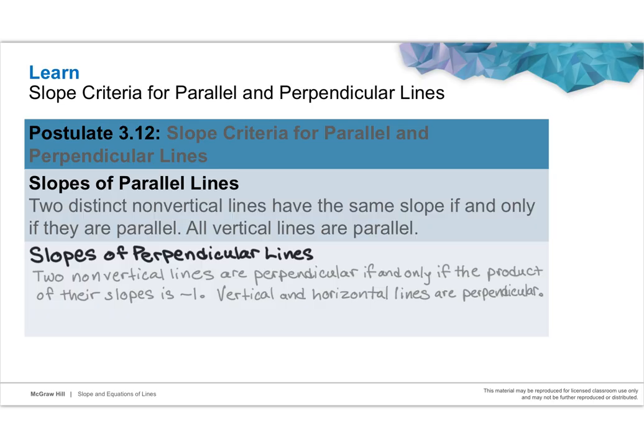Another thing you may want to add to your notes here on page 215 is that another way to determine whether lines are perpendicular, besides that the product of their slopes is -1, you can also think about that the slopes have a relationship to each other of being opposite reciprocals.